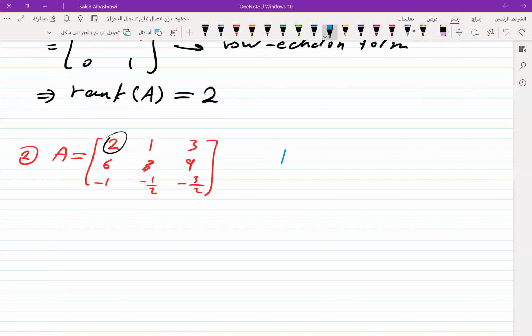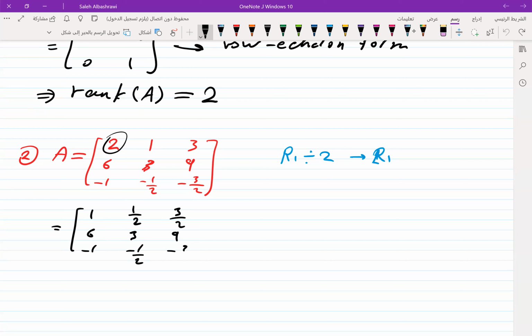R1 divided by 2 and put it there as R1. So I will have 1, 1 over 2, 3 over 2, then 6, 3, and 9, then minus 1, minus 1/2, and minus 3 over 2. So we are done with the first one, it is equal to 1.